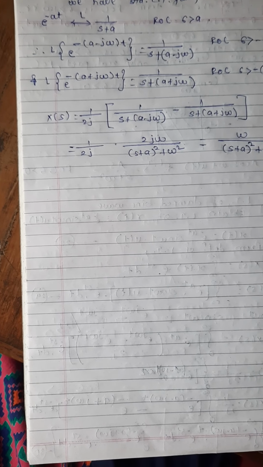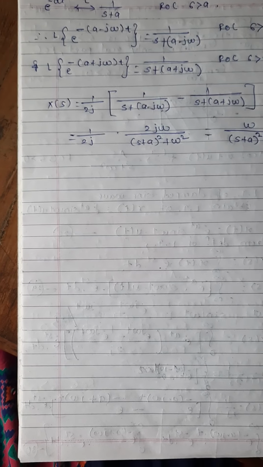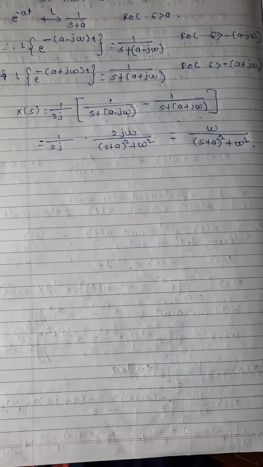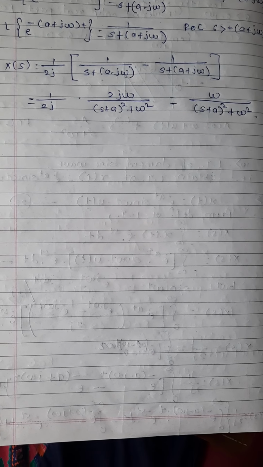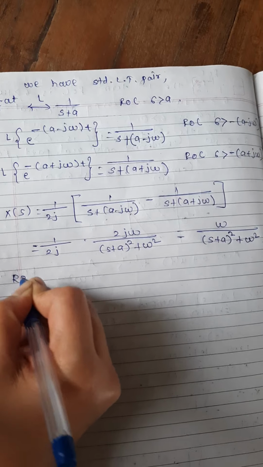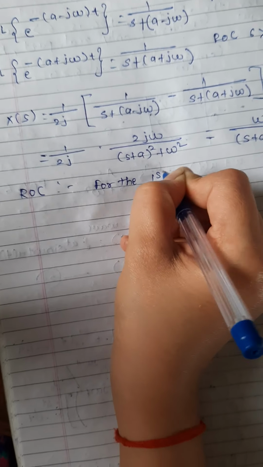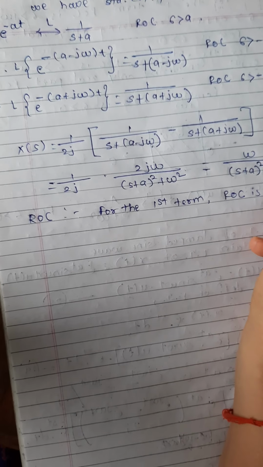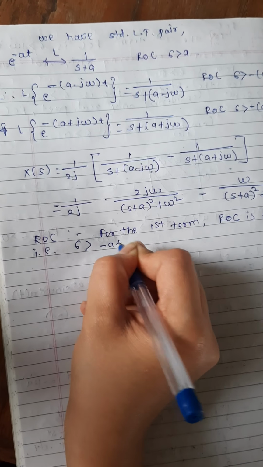Now we have to draw the ROC for this. So for the first term, ROC is sigma greater than minus of a minus j omega, that is sigma greater than minus of a plus j omega.